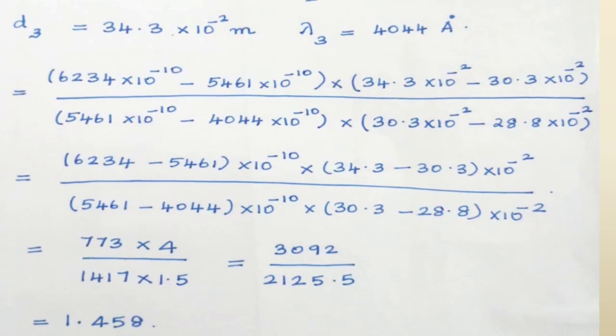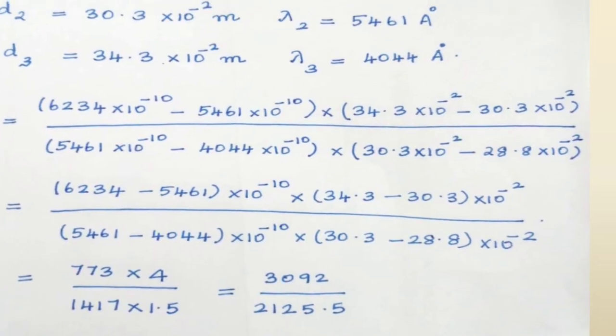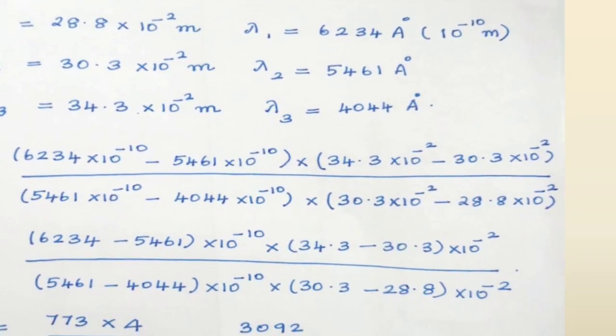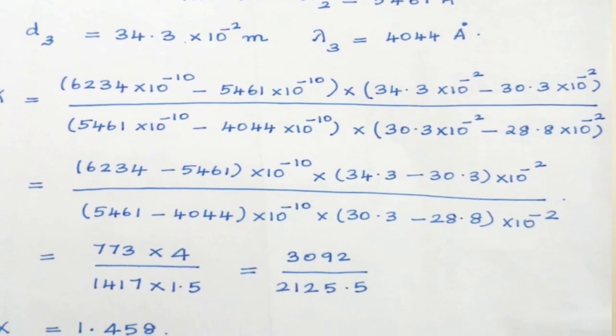See, in the numerator, in lambda 1 and lambda 2 we have 10 power minus 10 in common, so we are pulling it outside, and in the next term d3 minus d2 also we have 10 power minus 2 common, so we are pulling it outside. In the same way, in the denominator also we have 10 power minus 10 and 10 power minus 2 in common, so we are pulling them outside.